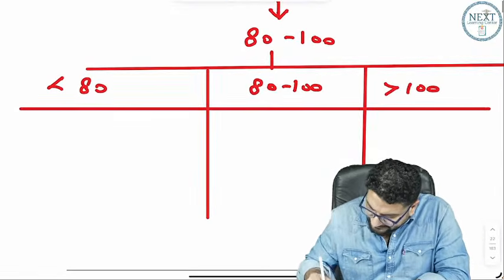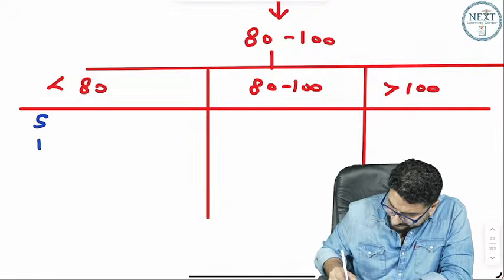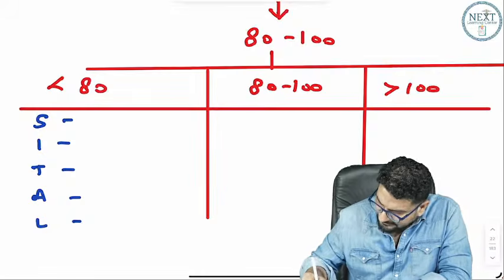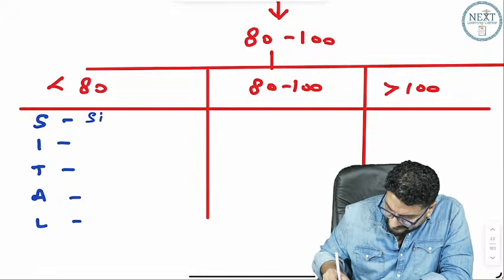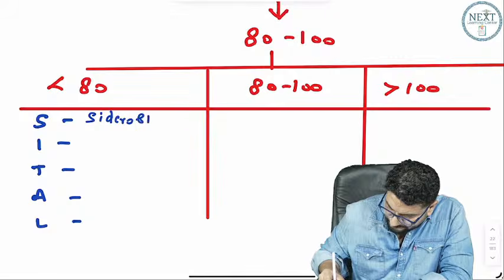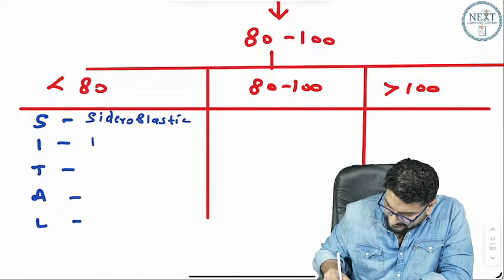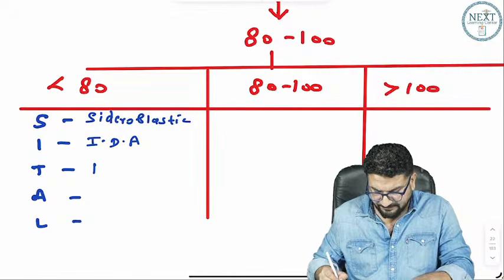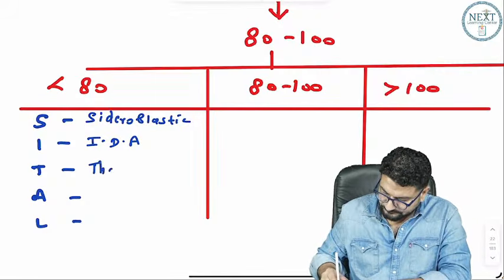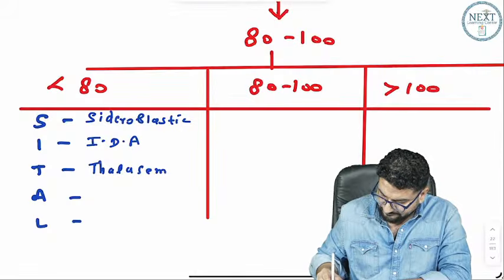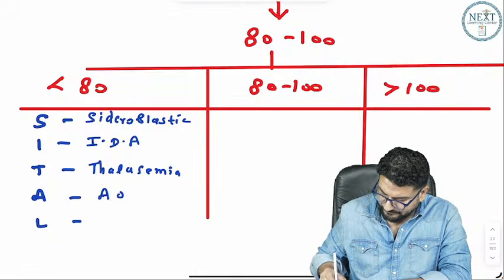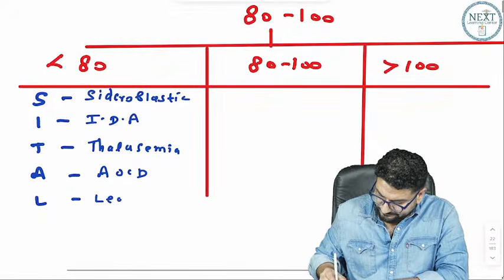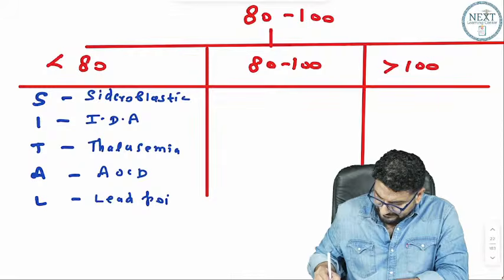So less than 80, where do you see this? In SITLA. What is SITLA now? S stands for sideroblastic anemia. I stands for IDA, iron deficiency anemia. T is your thalassemia. A is AOCD, anemia of chronic disease, and L is your lead poisoning.